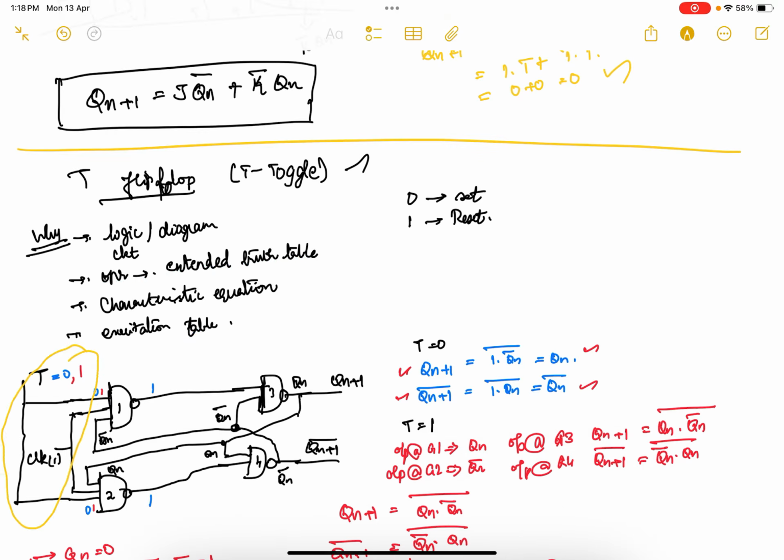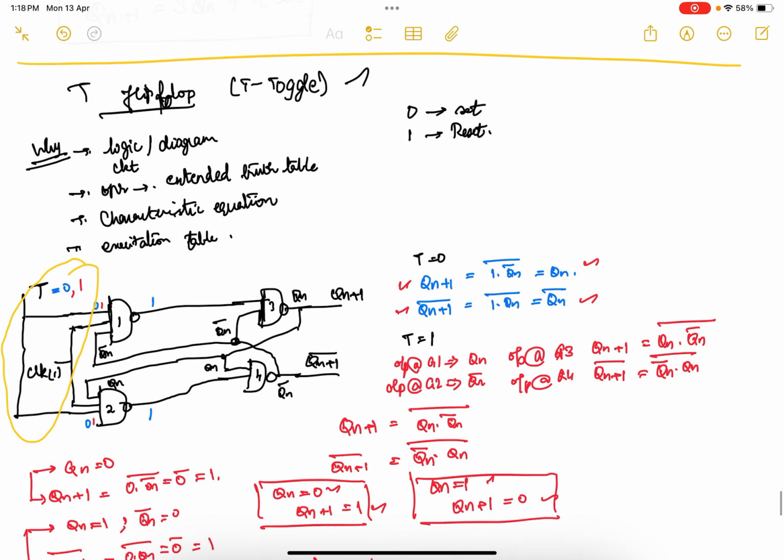Okay, and so when your t is becoming 1, the same value of t will be going to the gate number 1 as well as to the gate number 2. And when t equal to 0, the same 0 value will be going to gate number 1 and gate number 2.